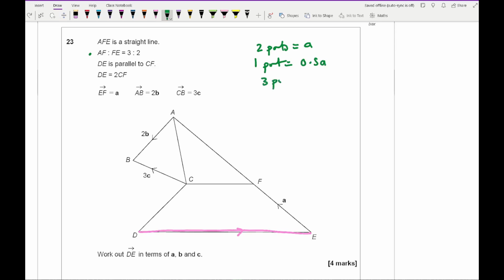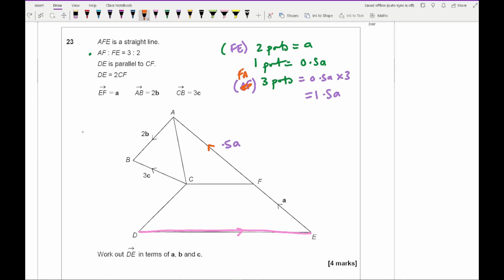So 3 parts, that's FE, and this is therefore going to be AF, which is 3 parts, 0.5a times 3, which equals 1.5a. So here AF is 1.5a, going in the other direction rather, and that should be FA.